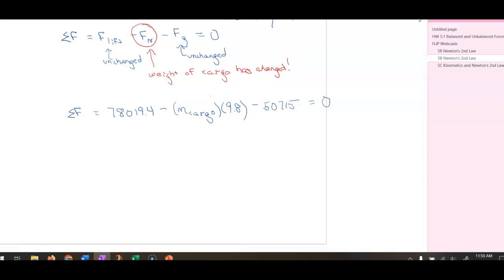So now I'm going to solve for the mass of the cargo. So let's see. First, I need to move everything, or actually, you know what I can do? Instead of doing that, I'm going to add the mass of the cargo times 9.8 to both sides.